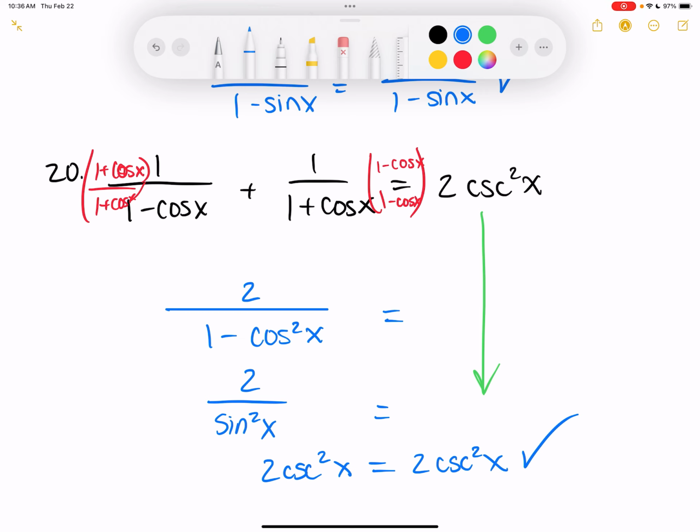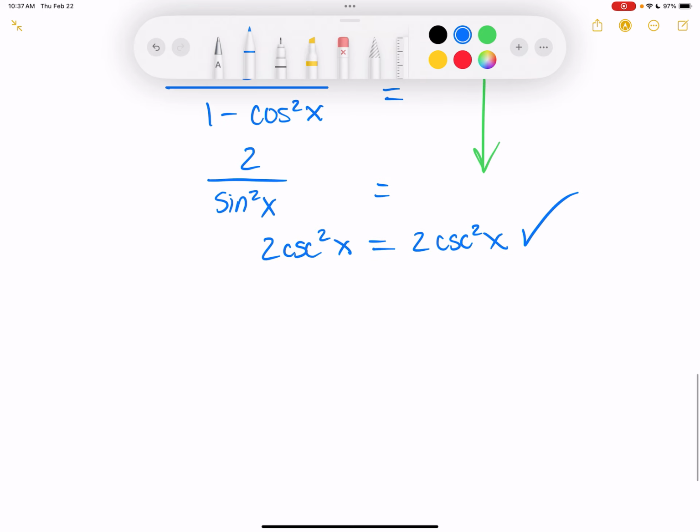With the Pythagorean identities, would it be possible for us to use those if it's not a 1? What do you mean? Like, rather than 1 minus cosine squared of x, would we do it if it's 2 minus cosine squared of x? Well, yes, but I have to show you how.